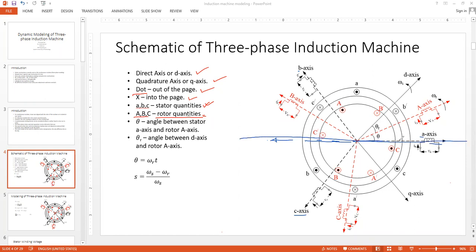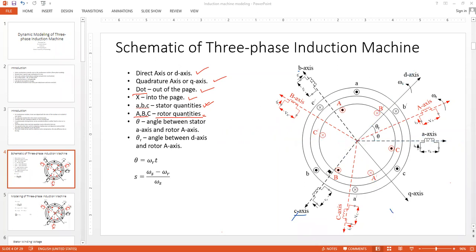So either your A axis would be along this line or along this. So this is basically the A axis, you can say. This big axis is the A axis. So either it will go in this direction or it will go in this direction. So the B axis for the stator, either it will go along this direction or it will go along this direction. C axis like this. Okay, so this is the C axis.